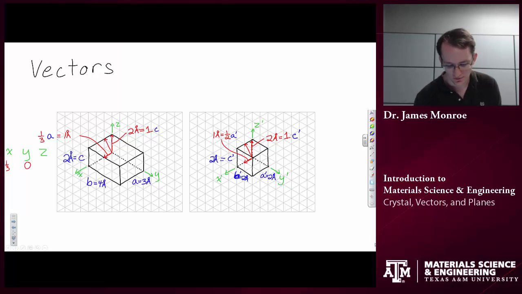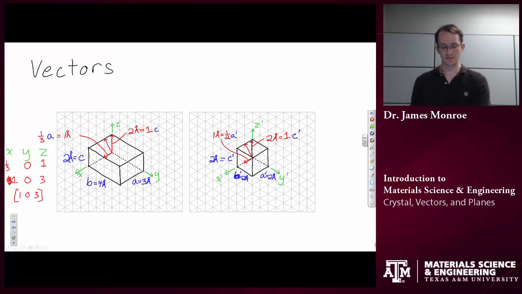Y would be 0, and z would be 1 full length in that unit cell direction. And we need to find a common factor, so we need to multiply by 3. So it would be 1, 0, 3. And then we put it in square brackets. So for this vector in the orthorhombic crystal system, it is [1 0 3]. That's the description of that vector.